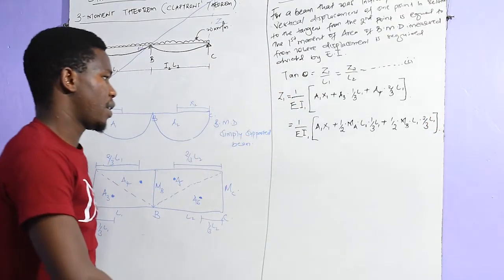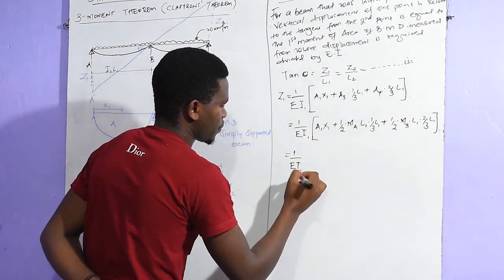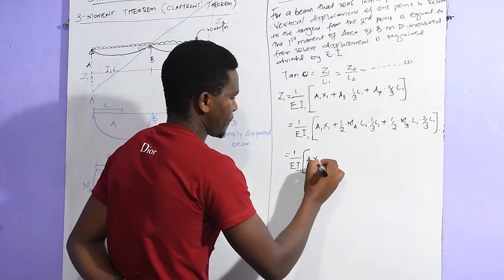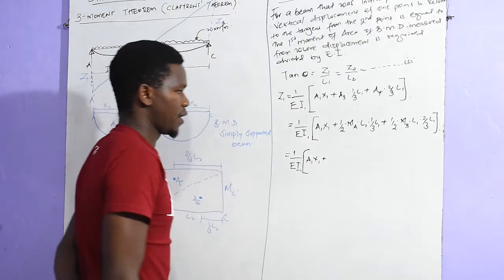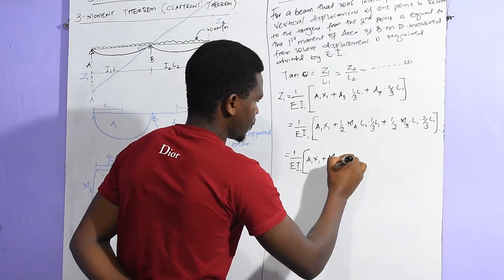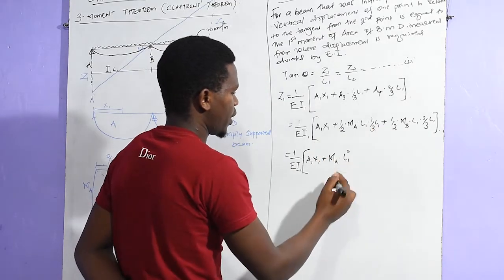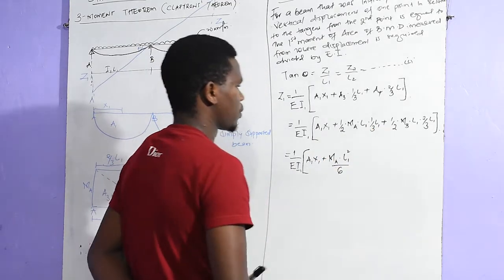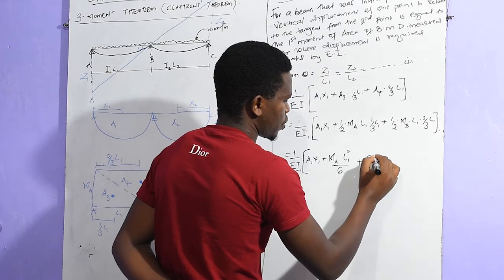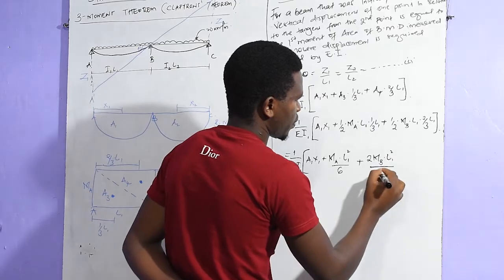From there, we get moment at A, L1 squared, all over 6, plus 2 moment at B, L1 squared, all over 6.